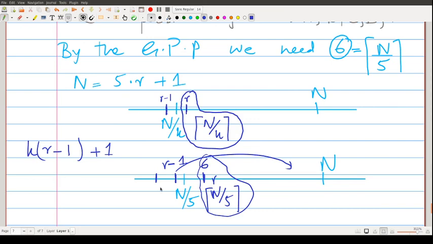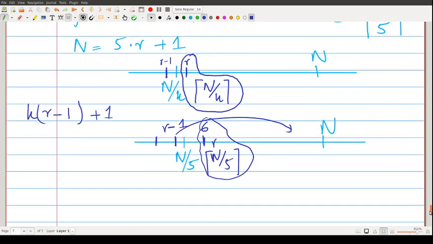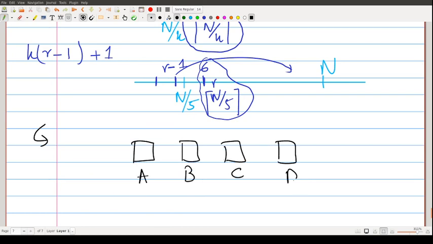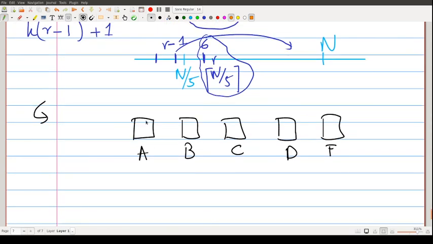I think I'm overly confusing the issue, so let's approach it from a different way. Let's think about these 5 grades as grades A, B, C, D, and F, right? And let's suppose I want 6 students to get the same grade. So let's start putting students in these boxes. Suppose I start off by putting 1 in each of them, right?